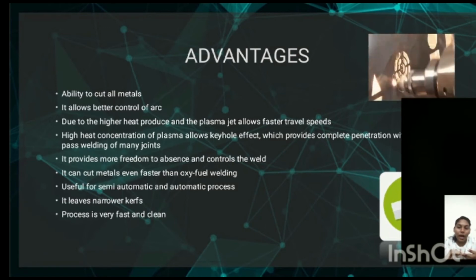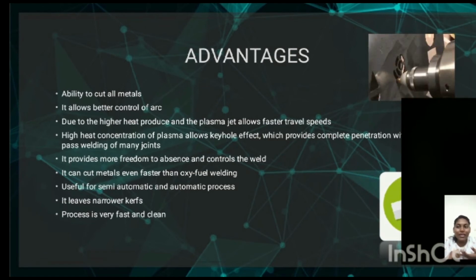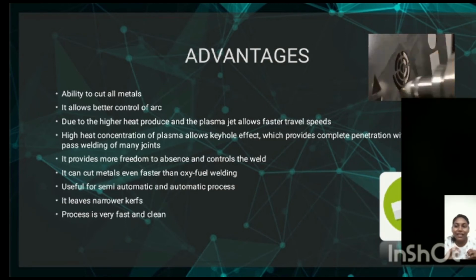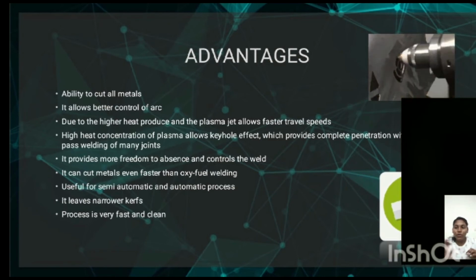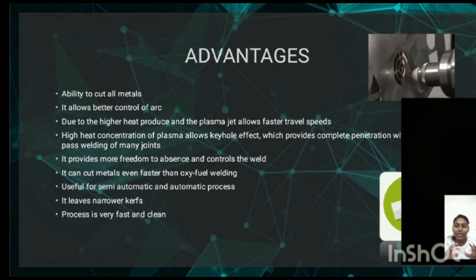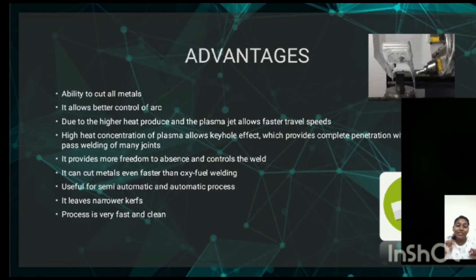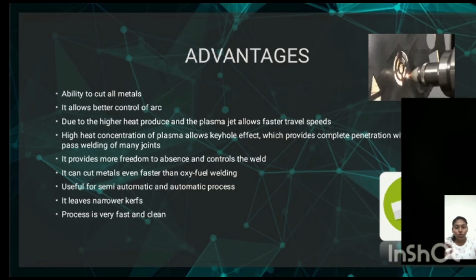Next, the high heat concentration of plasma allows the keyhole effect, which produces complete penetration with single pass welding of many joints. So usually when we use plasma arc welding, it provides complete penetration with just a single pass welding of many joints.